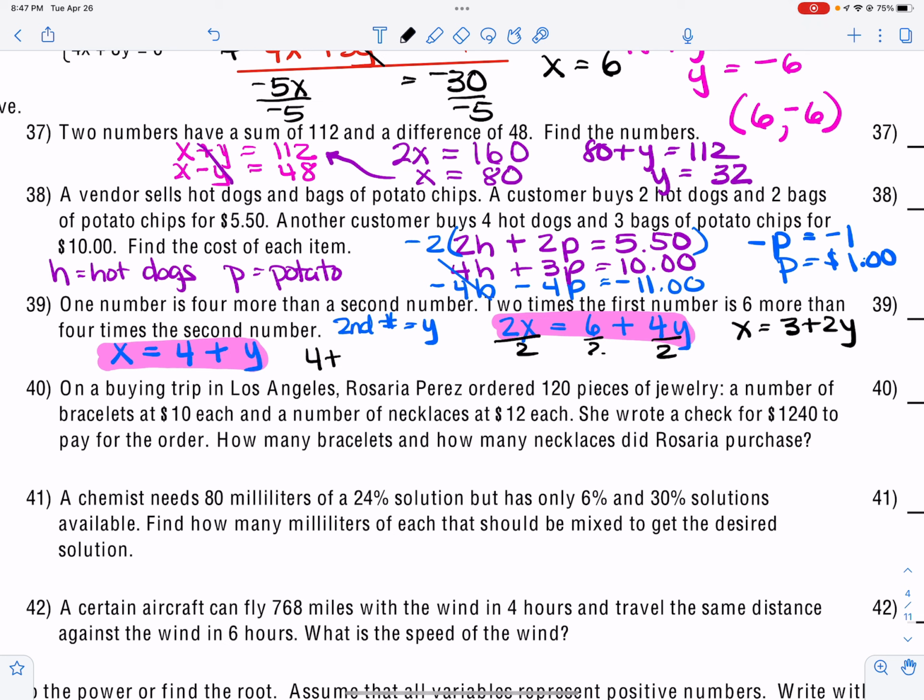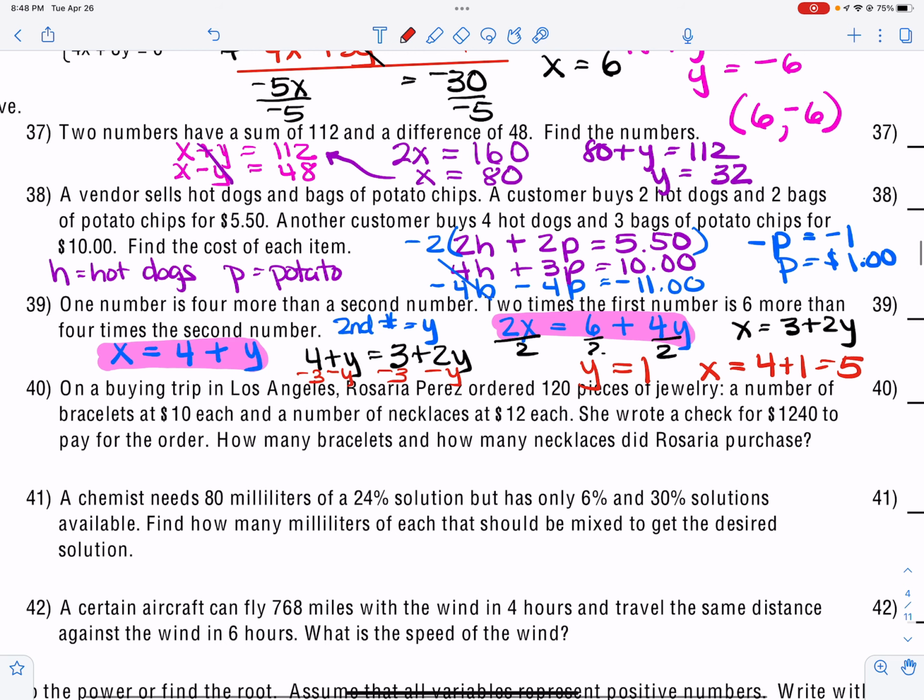So 4 plus y is equal to 3 plus 2y. And so we're going to solve it by subtracting y and subtracting 3. And so y comes out to be 1. And if y is 1, then x is 4 plus 1, which is 5.